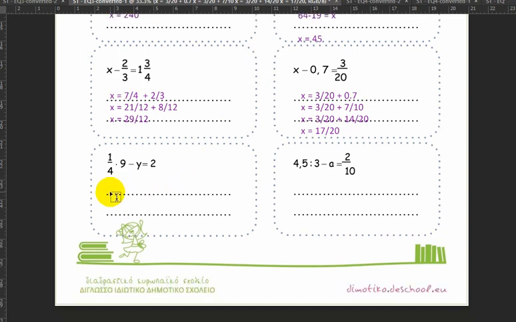Next, 1/4 times 9. Okay, so here, 1/4 times 9 is going to be 9/4. And I'm going to immediately do the swap between y and 2. So 9/4 minus 2 is going to be equal to y.